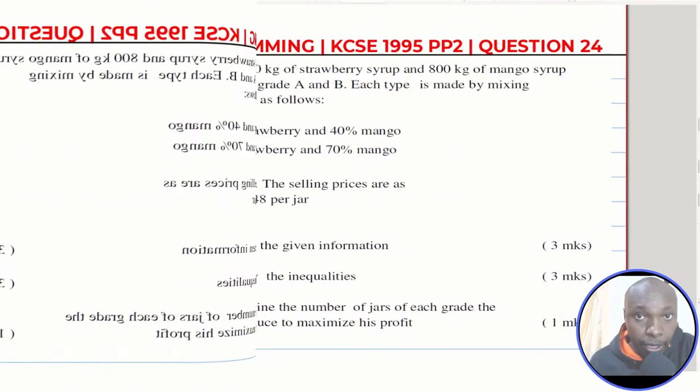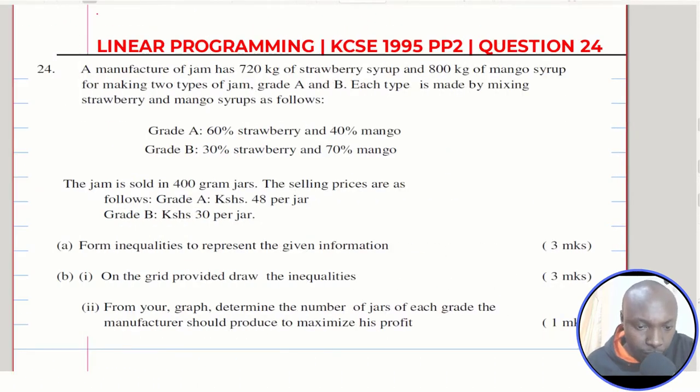Let's go to the first part of the question where you're supposed to form the inequalities to represent the given information. It is important to highlight the important information that we're given here.